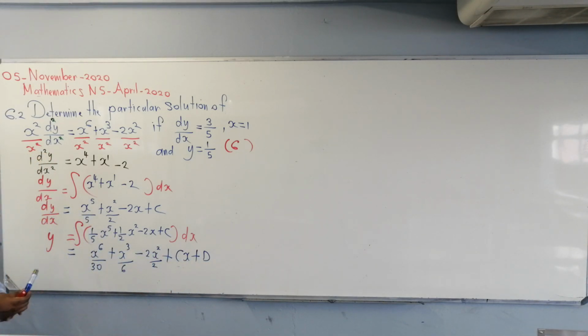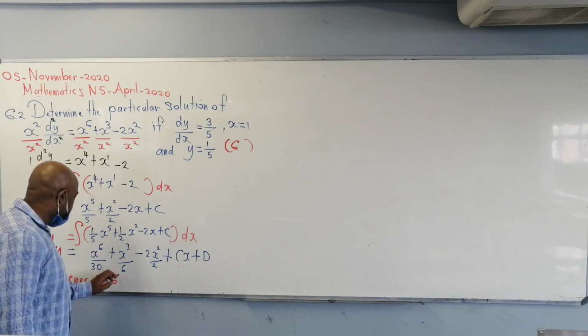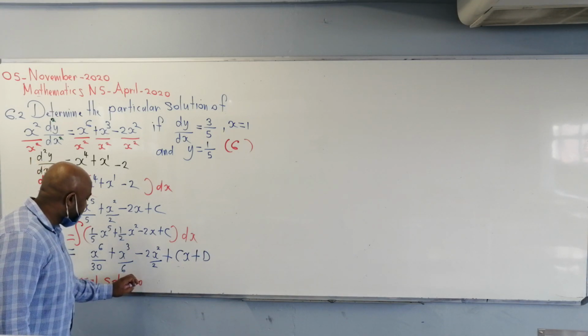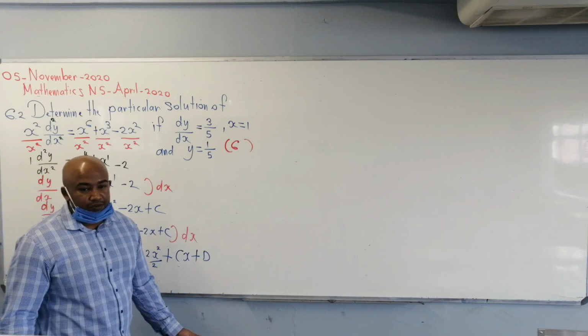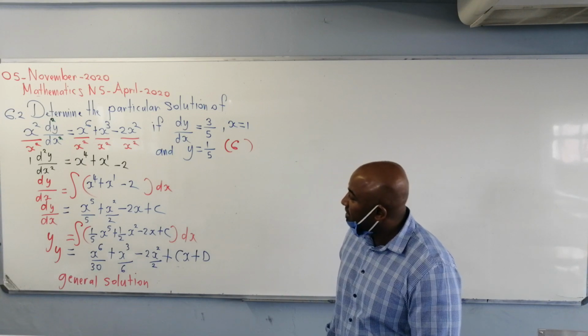Right, so this is y general solution. Because we don't know the values of c and d. Okay, so just a general solution.